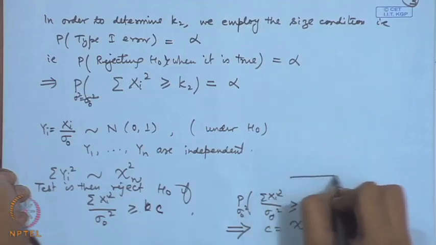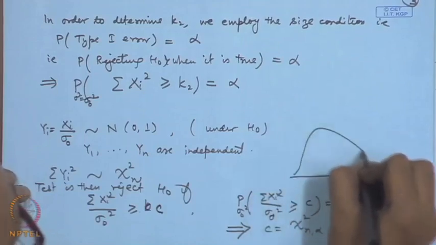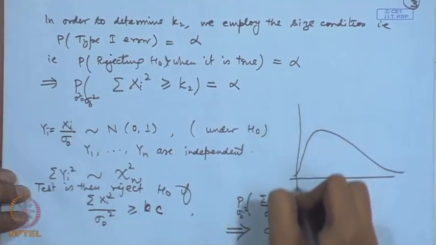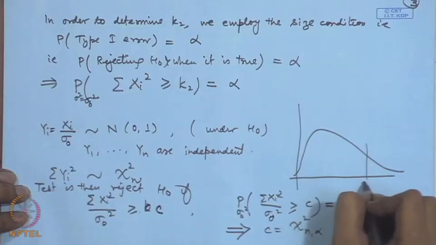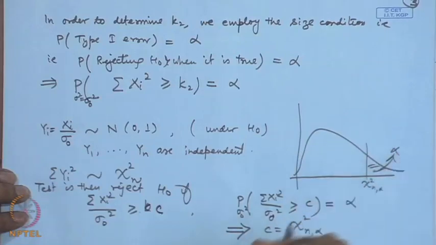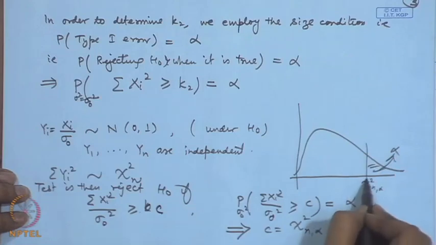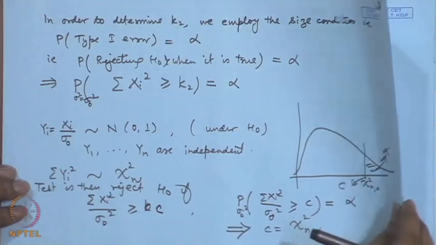That means, if we consider the curve of chi square distribution, then the probability to the right of chi square n alpha should be equal to alpha. So, c is here, this point will be c.